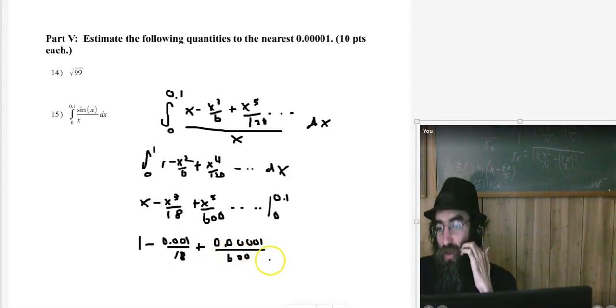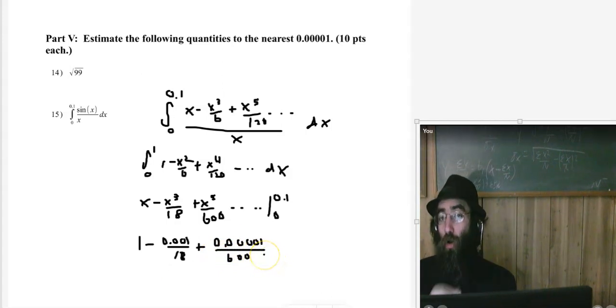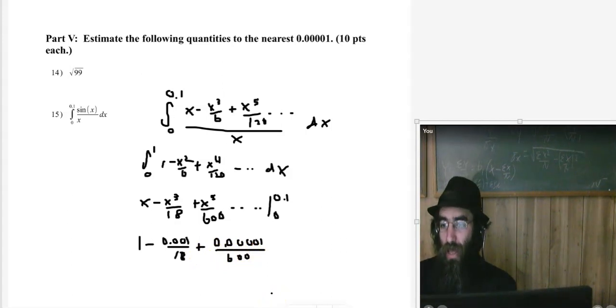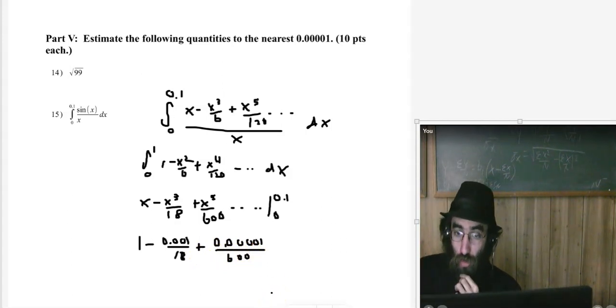We have an alternating series here, by the way. In a convergent alternating series where each term is larger in magnitude than the term after it, the error after you stop is bounded by the next term. So since this third term is smaller than our error, we can stop after only these two terms, right? We get 1 minus 1 over 18,000.